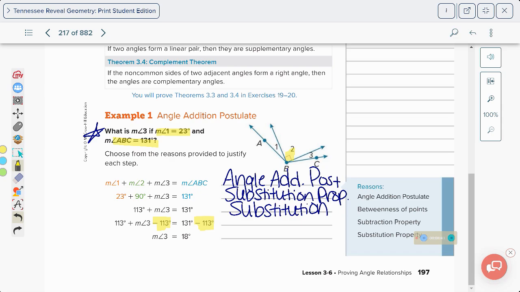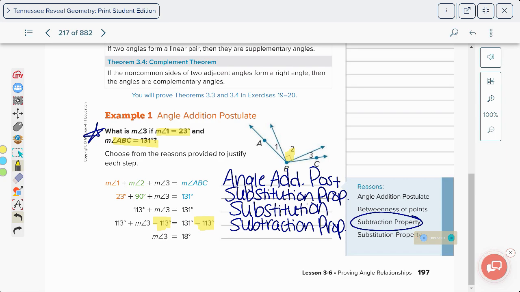They're subtracting 113 degrees because you have a positive 113 degrees on the left-hand side. So because of that, I have subtracted something. So that is going to be the subtraction property. Okay. Again, guys, always ask yourself, why is this true?